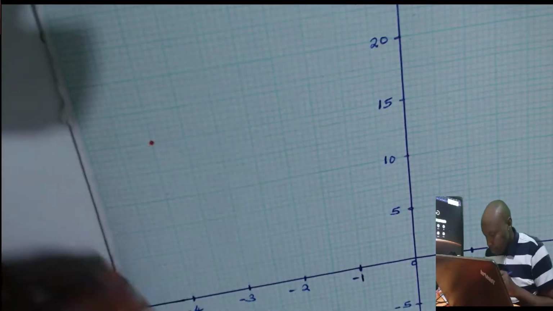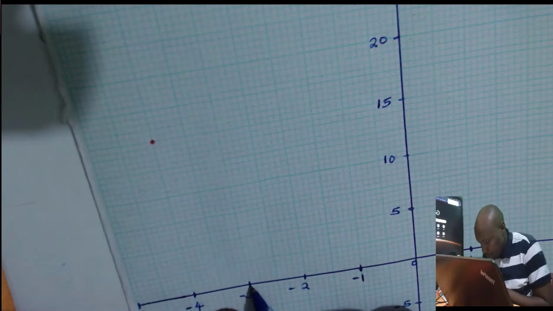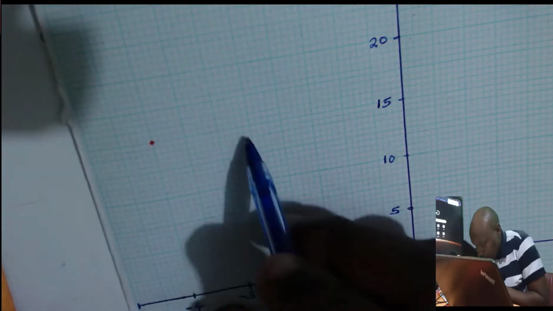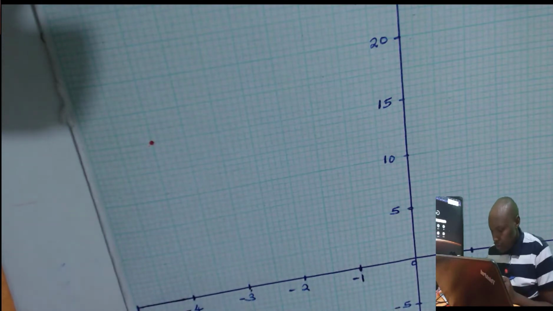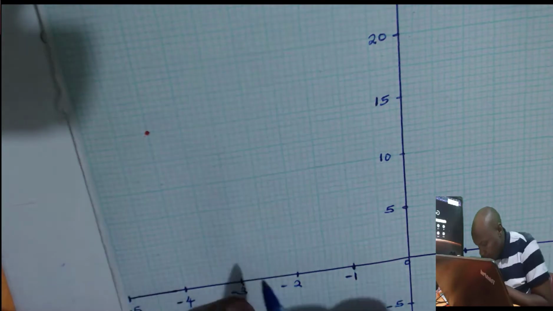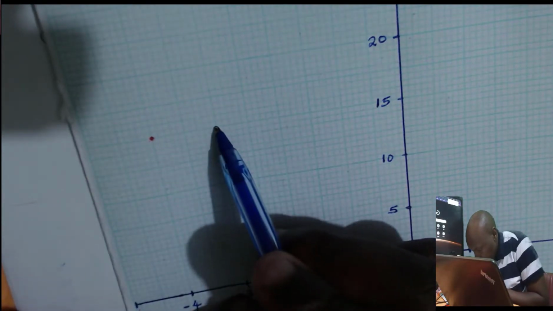Now from there, we were at negative 3, 19. Negative 3 in the x-axis, then 19. So meaning in the y-axis, 2 small squares will represent 1 unit. So negative 3, then this is 15, 16, 17, 18, 19. 19 will be somewhere there.